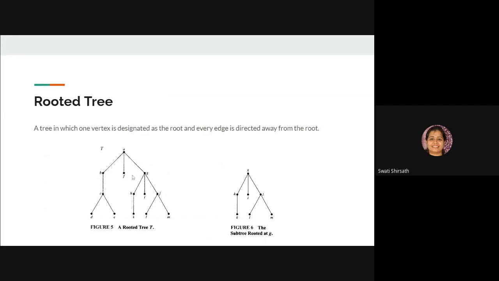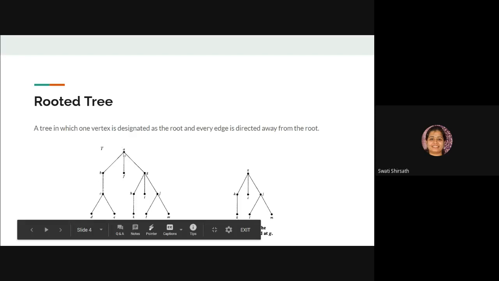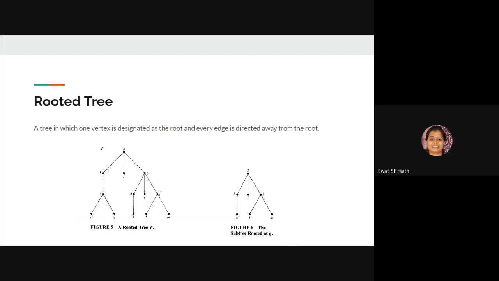Okay, so from that root, now this tree is the inverted form of the tree we find in real life. The root is always rooted inside the ground or something like that, and then the tree grows above that.